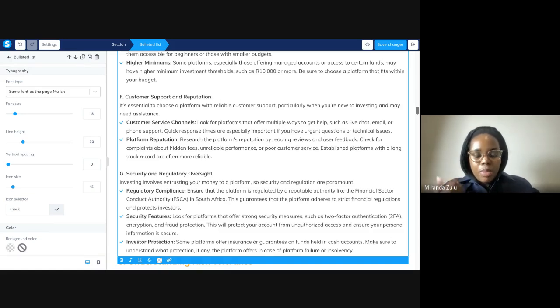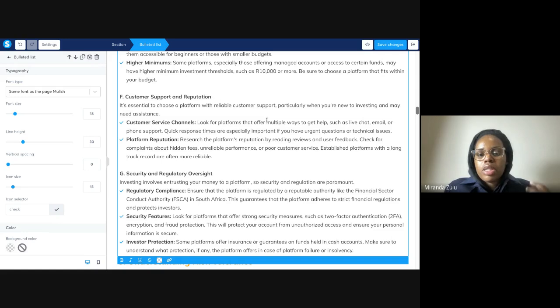If there's a problem with your account, you need to withdraw, you can't withdraw, and you're not getting help, it makes the whole experience sour, and it can become very disappointing and overwhelming really quickly. So I think it's really important to do as much research as possible around that.